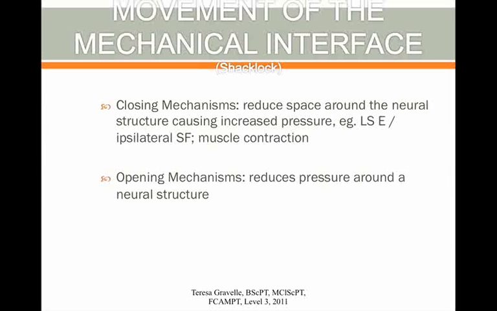Also, if you contract a muscle, it will reduce the space around the neural structure, causing compression. Opening mechanisms will reduce the pressure around the neural structure, therefore giving it more space. An example of an opening mechanism in the lumbar spine is flexion and contralateral side flexion.